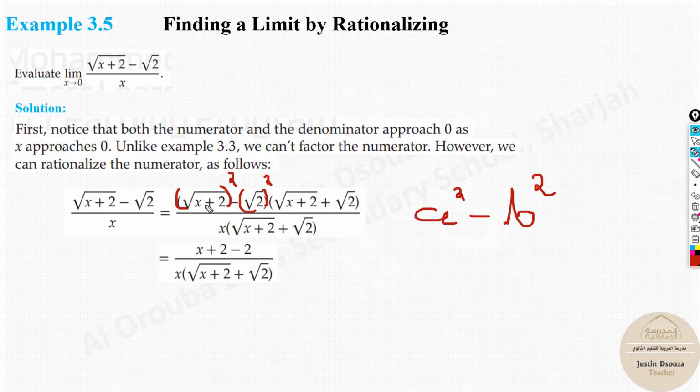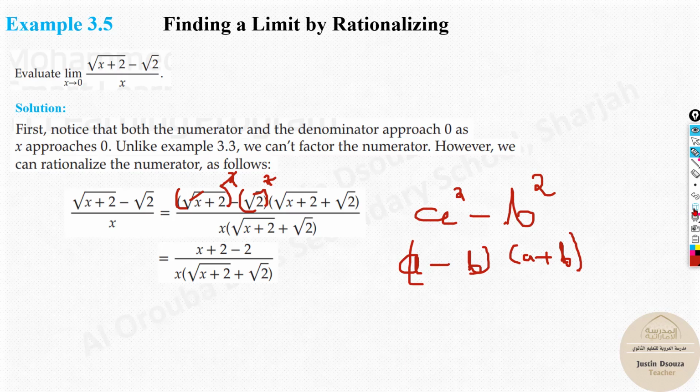Why? Because if you consider a as square root x plus 2 and b as square root 2, then this term a minus b, a plus b, this is what has happened. But instead of a, we have square root x plus 2, the whole square, this square cancels, and over here it is 2 and 2 cancels, so you're remaining with this.